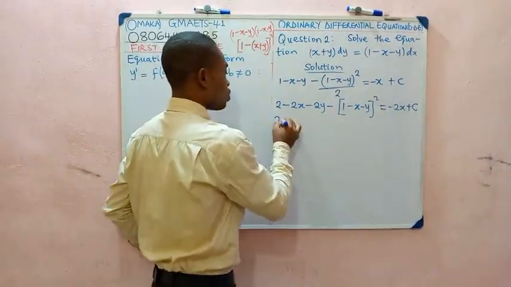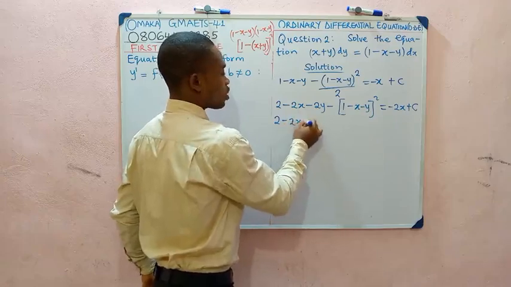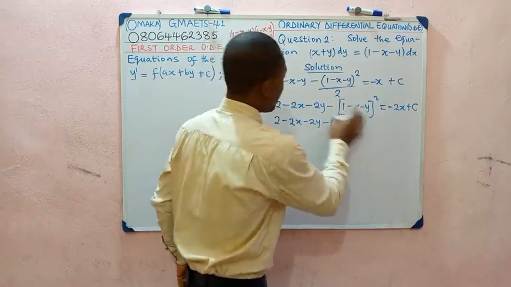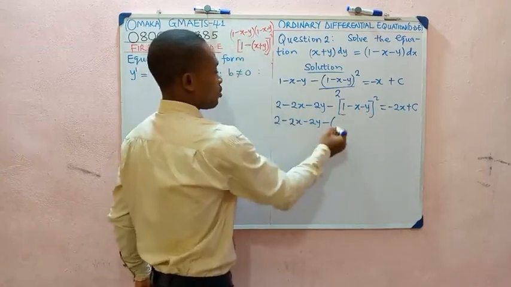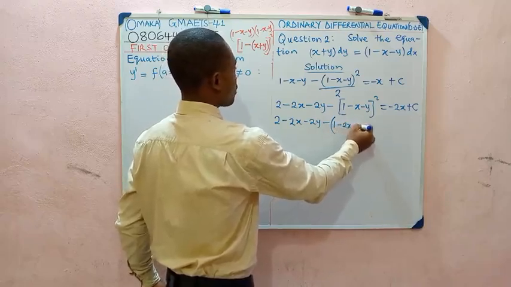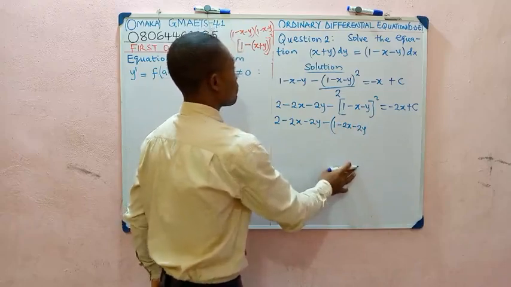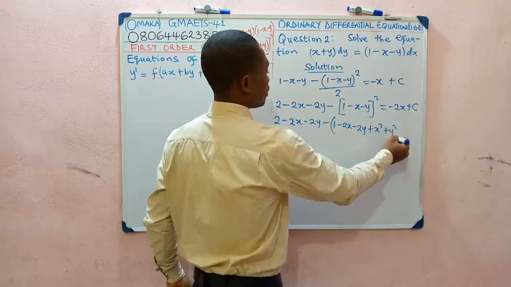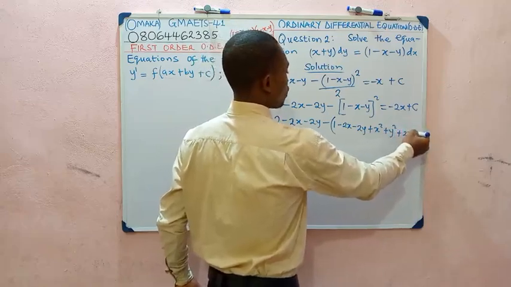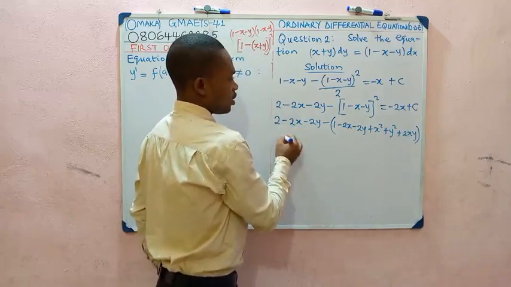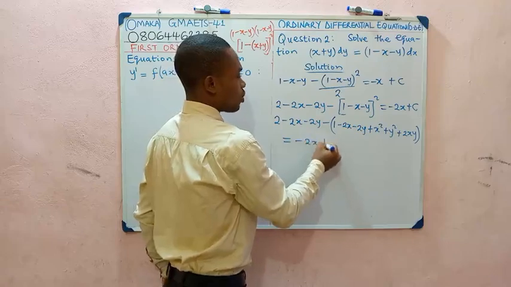So this will give us 2 minus 2x minus 2y. Then minus, come to this term. Expand it using this. I'm going to get 1 minus 2x minus 2y. Then plus x squared plus y squared plus 2xy. Good. I'm done expanding that. That will be equal to minus 2x plus c.